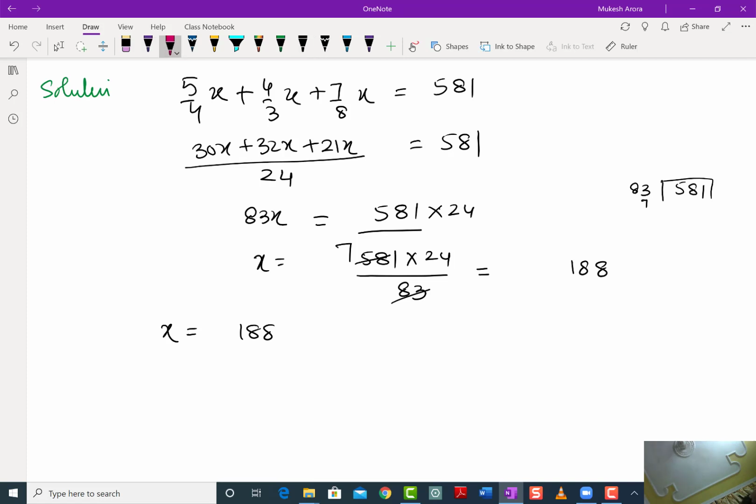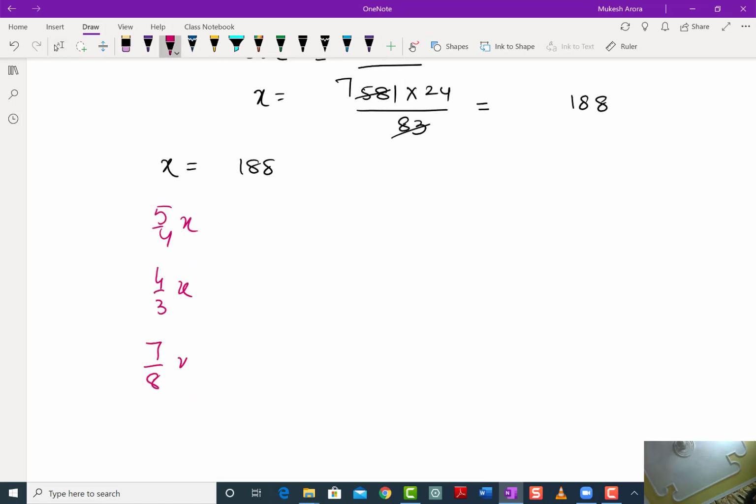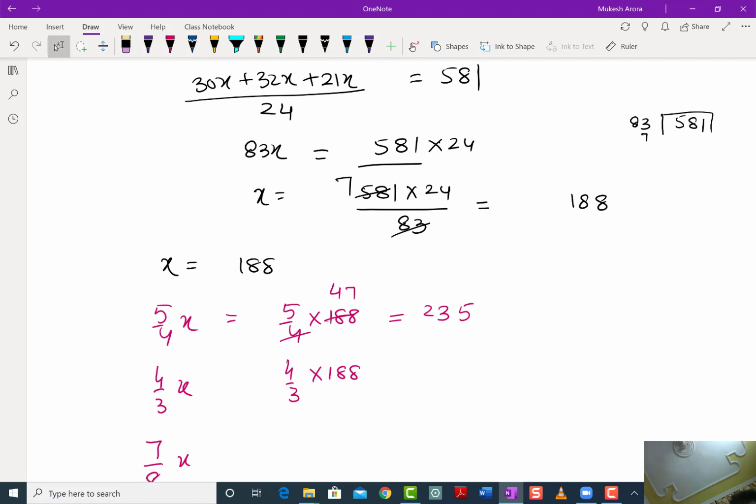So the first value was 5 by 4 x, second value was 4 by 3 x, third 7 by 8 x. 5 by 4 into 168 is 210. 4 by 3 into 168 is 224. 7 by 8 into 168 is 147.